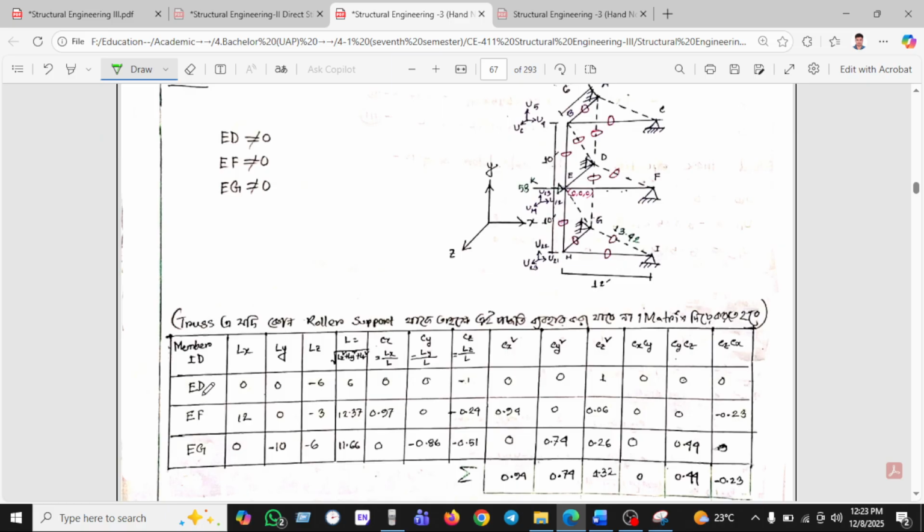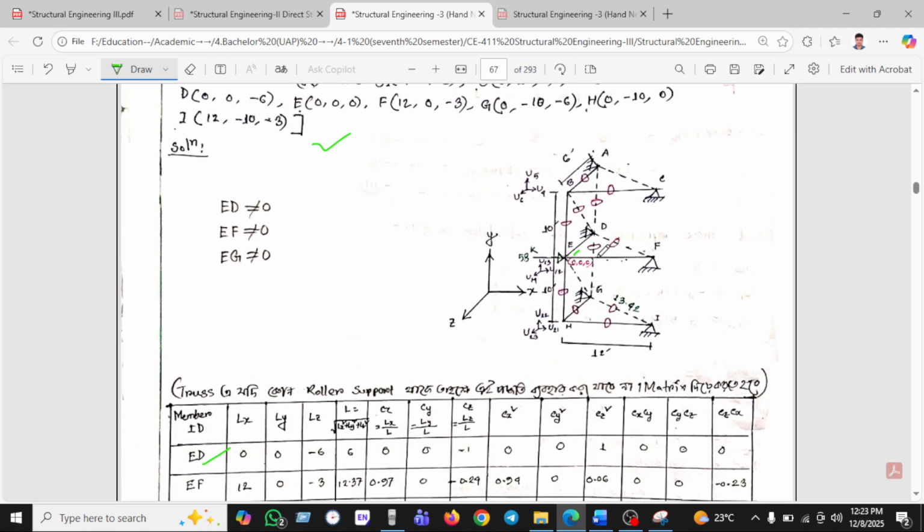Now we will calculate ED. This is E, and this is D. This member is ED. We have also shown EF here.